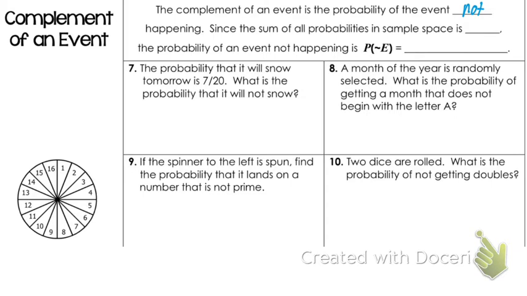So what are the odds of us getting heads? 50-50. It's 1/2, right? What are the odds of us getting tails? 1/2.